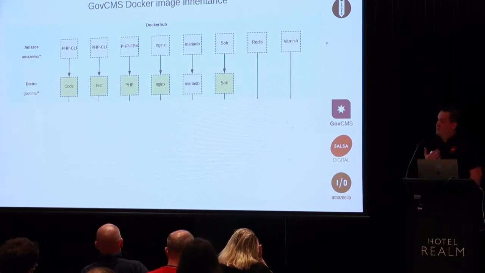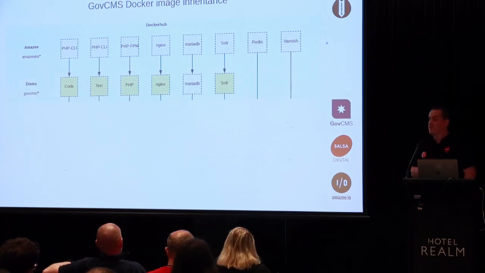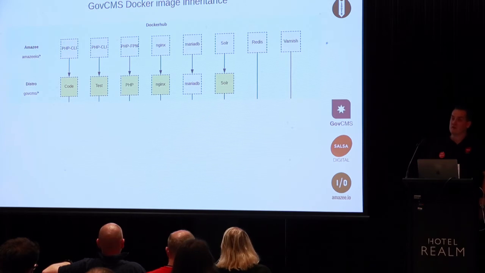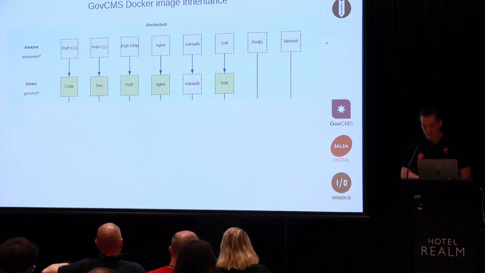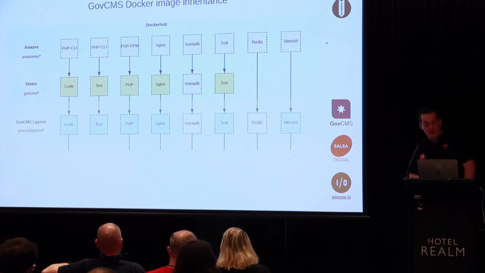But then we needed to support multiple layers so that the community can use these images for different purposes. So we have a new layer, an inheritance from Amazee images, a layer for GovCMS. This is basically so that if you don't want to use Lagoon, and you want to use GovCMS in your own hosting, with your hosting provider, you can just use these images. They don't have any Lagoon configuration.